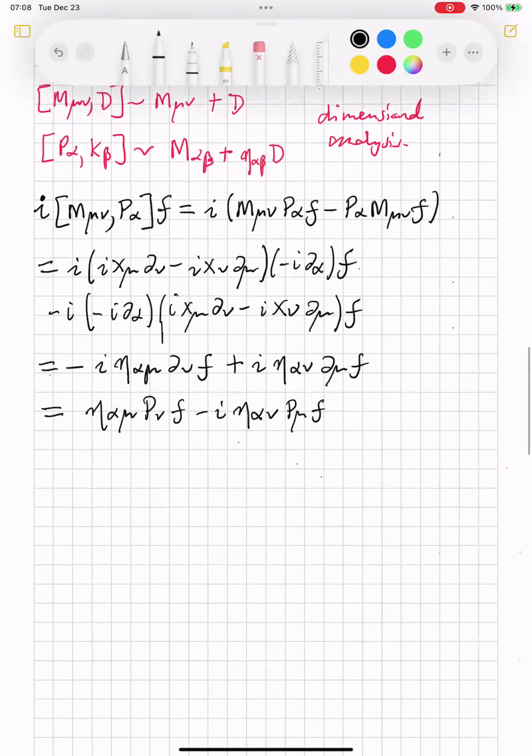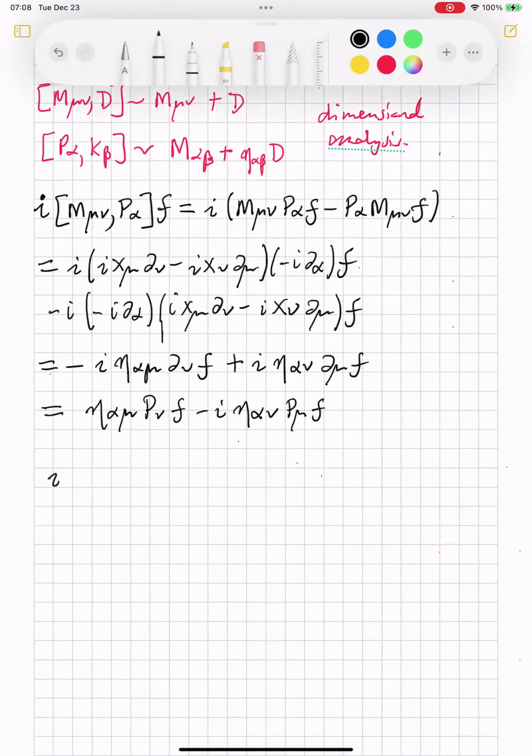Now we can drop the f and we have our first commutator. i [M mu nu, P alpha] is equal to eta alpha mu P nu minus eta alpha nu P mu. Oh, I don't know why that i survived. It shouldn't be there.